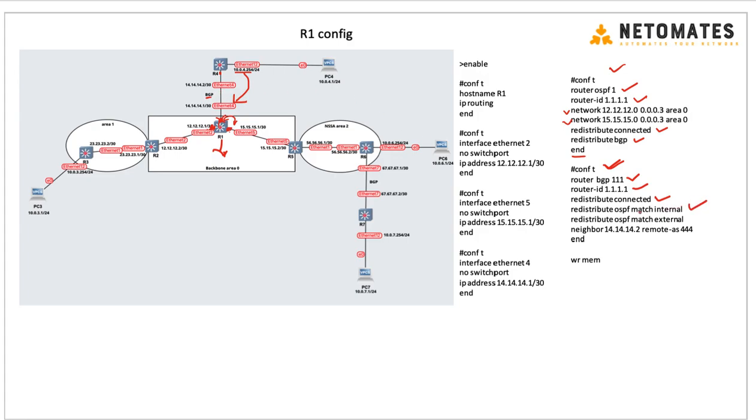Then I am redistributing whatever R1 learns through the OSPF process, internal and external routes. Internal routes means whatever routes are learned through the OSPF enabled interfaces in this particular OSPF topology. External means whatever routes OSPF got as external, like in this case here, this is external.